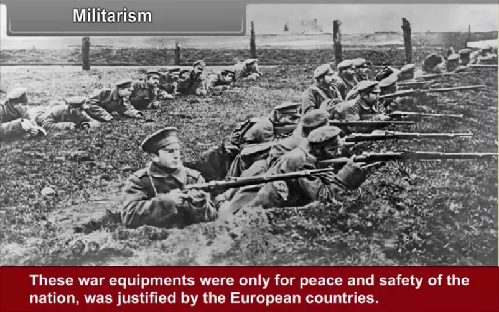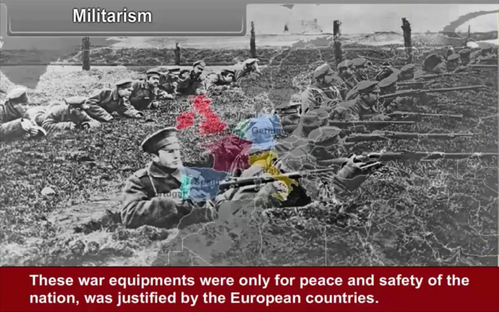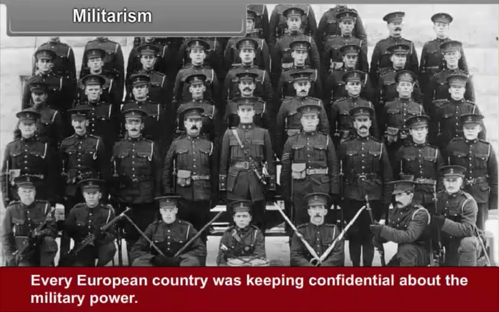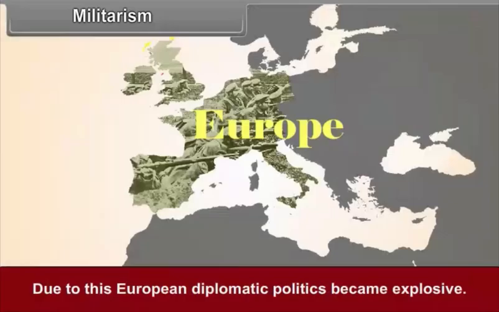The European countries justified these war equipments as being only for the peace and safety of the nation. Every European country kept its military power confidential. Due to this, European diplomatic politics became explosive.